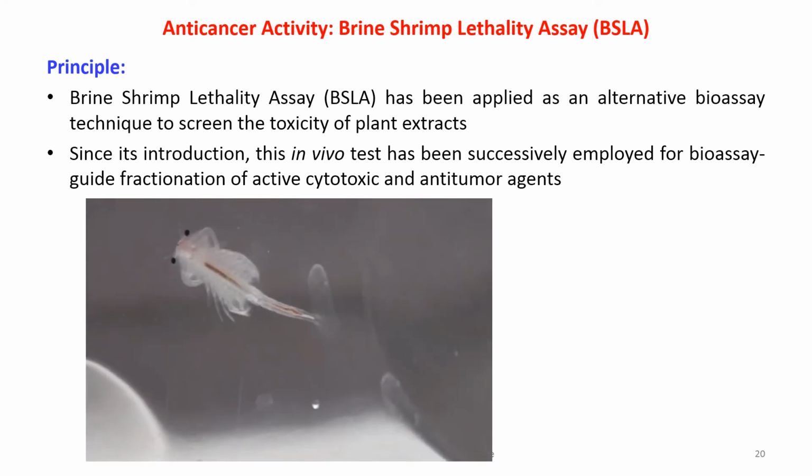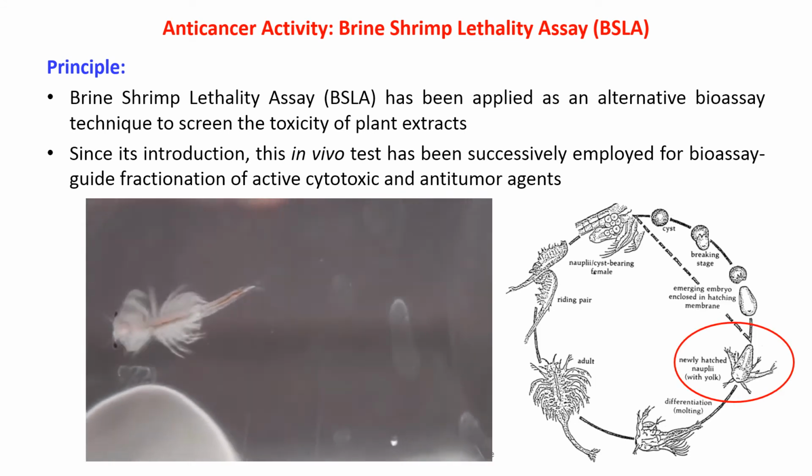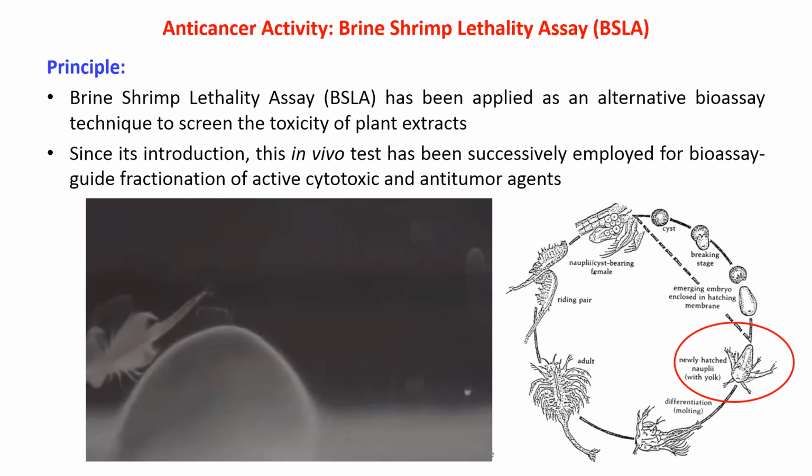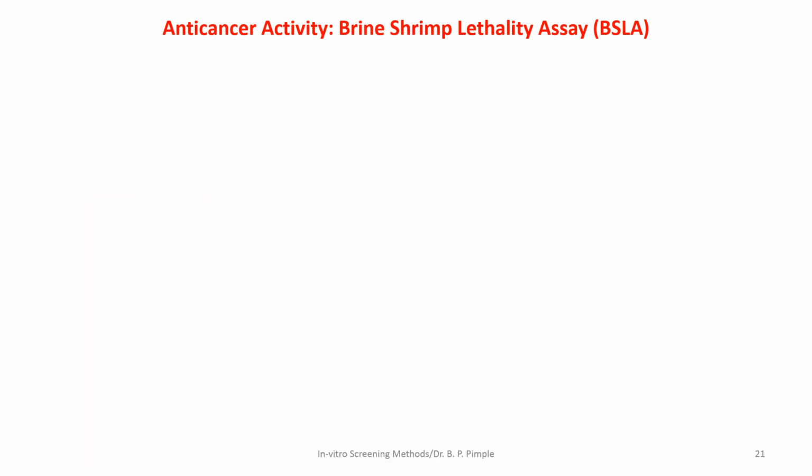They can be stored indefinitely, and whenever required, by providing a favorable environment, they can be hatched out into saline water, and nauplii-like larvae can be produced, and the cytotoxic assay is to be performed on the nauplii. Nauplius is a stage in the life cycle of this brine shrimp. We'll have a look at the procedure in detail.